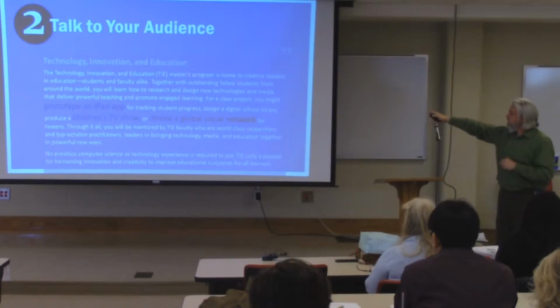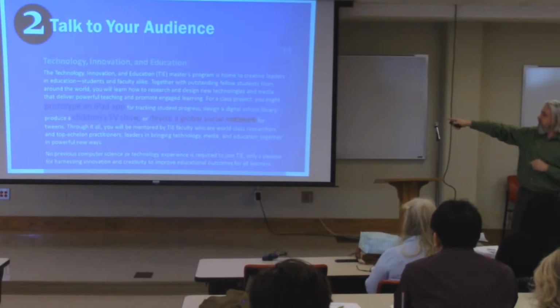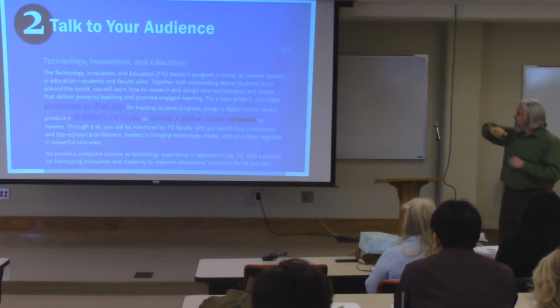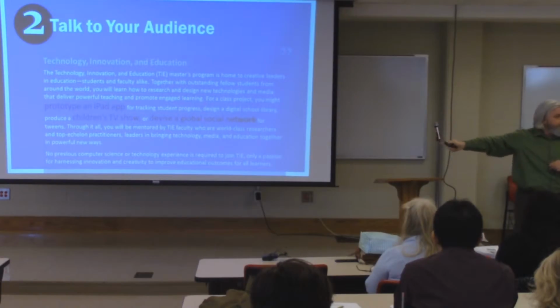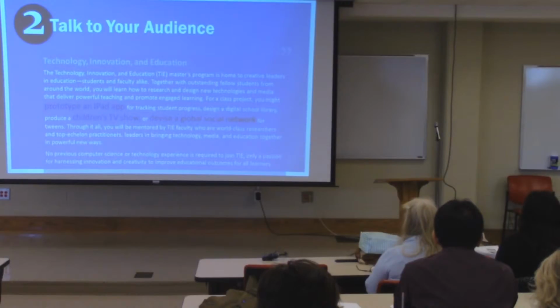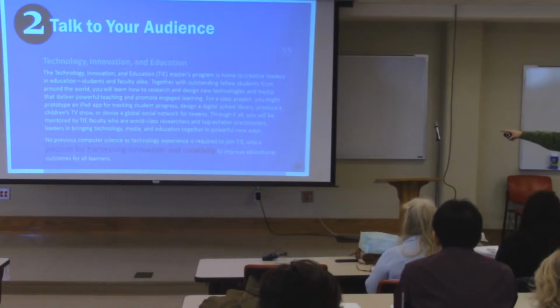A little further down, "for a class project, you might prototype an iPad app. You might build a children's TV show or devise a global social network." So it's saying, in real understandable terms, what you're going to get yourself into. Another nice one at the bottom is, "No previous experience needed to join TIE, only a passion for harnessing innovation and creativity."